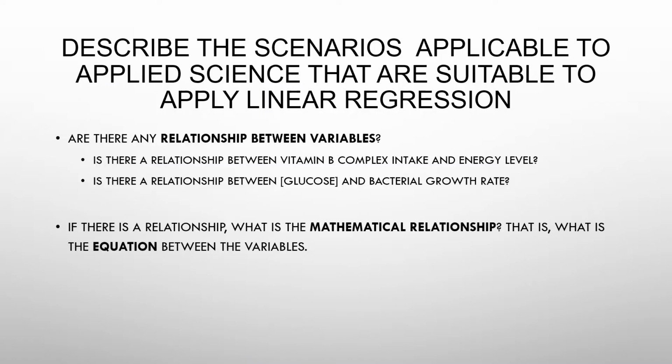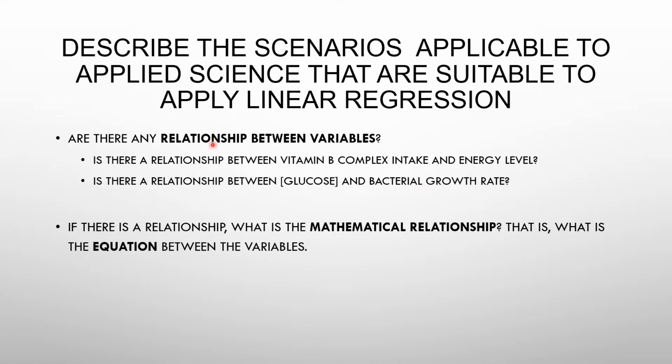Now, when do we use linear regression? What are the situations where we use linear regression? Basically, linear regression is used when we are trying to find whether there is a relationship between the variables, between the values. For example, in science, we will look at whether there is a relationship between vitamin B complex intake and energy level.